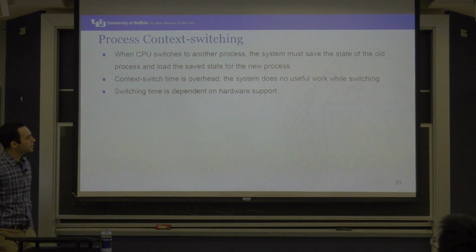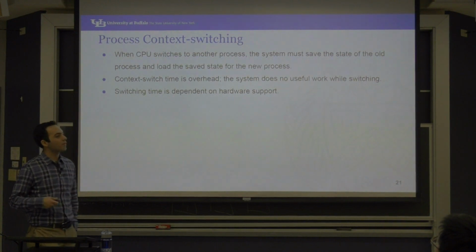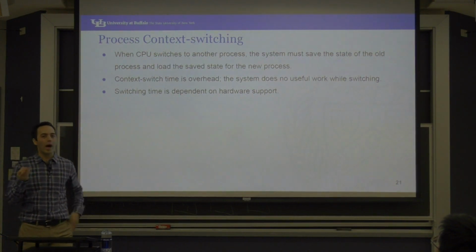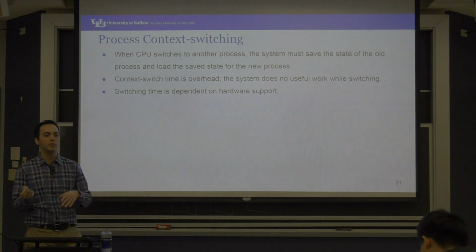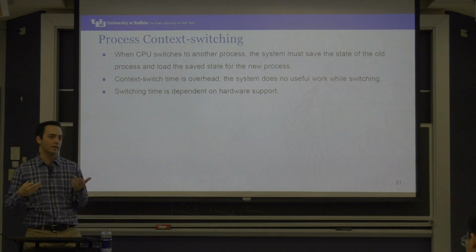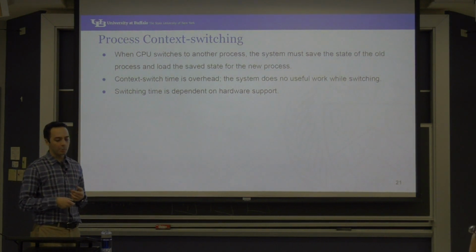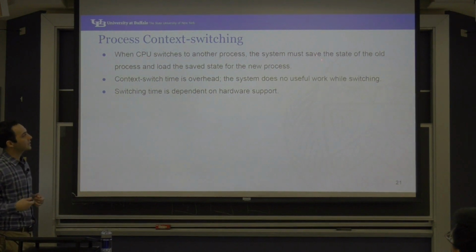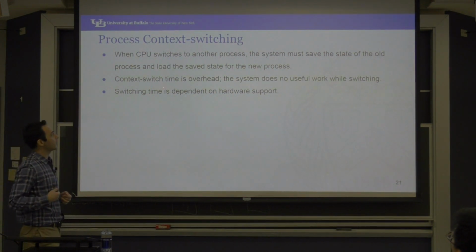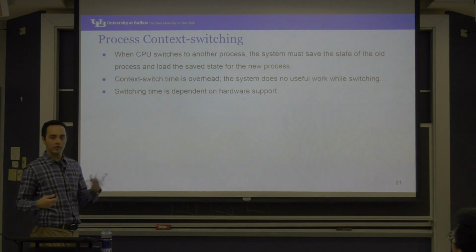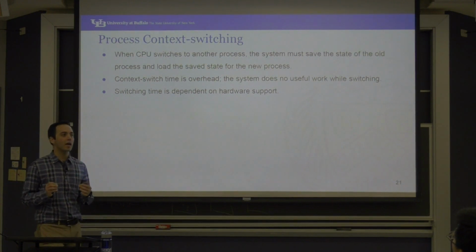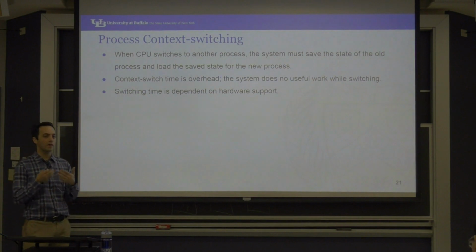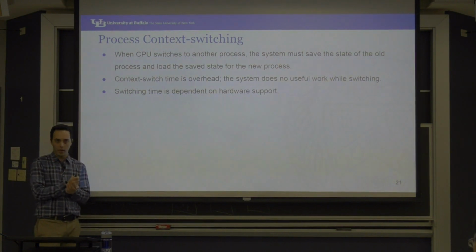And now the context switching. This is also very important in terms of understanding how a CPU switches between different processes and resumes as if nothing has happened, right? So we're going to go over it quickly first. When you switch, the system must save the state of the old process and then load the saved state of a previous one, right? So at any given time, all the other processes have their state saved.